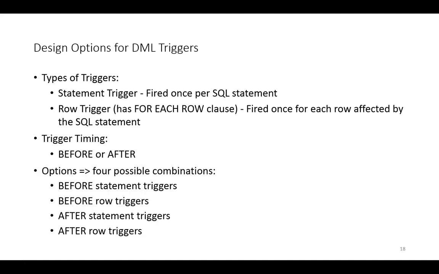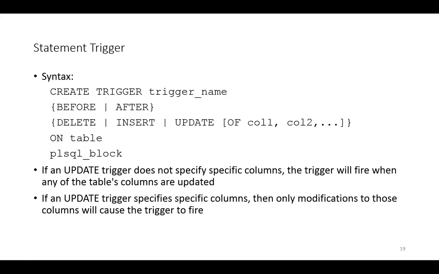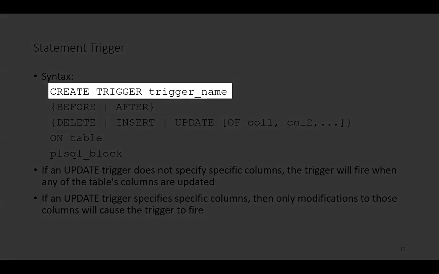So looking at the categories and the timing points, we come up with 4 possible combinations. We can have before statement triggers, after statement triggers, before row triggers, after row triggers. Here's the syntax for a statement trigger. We say create trigger and we give it a name.